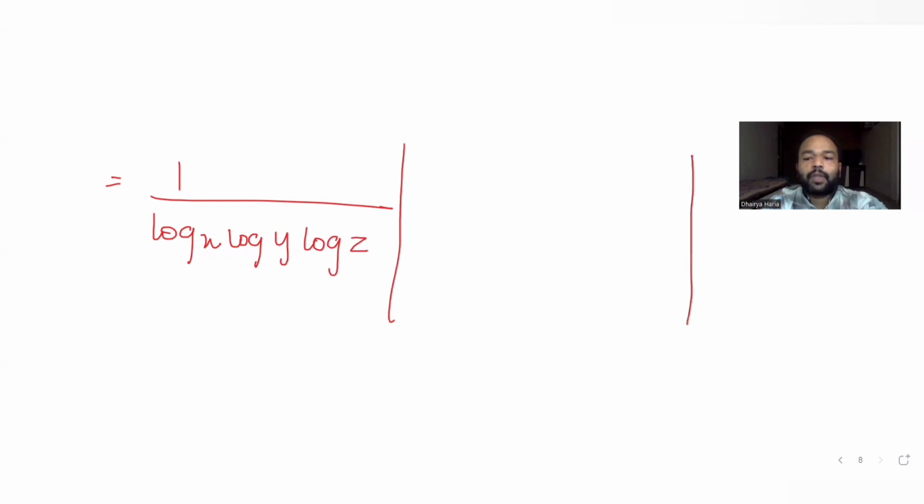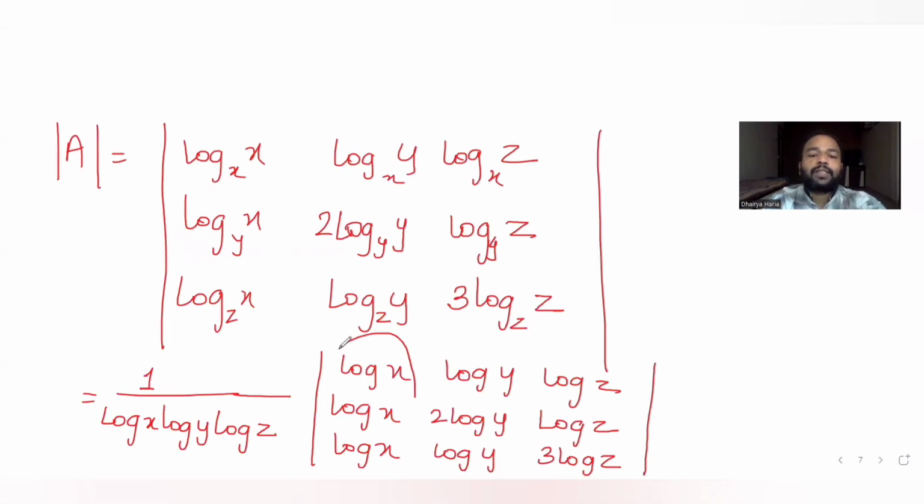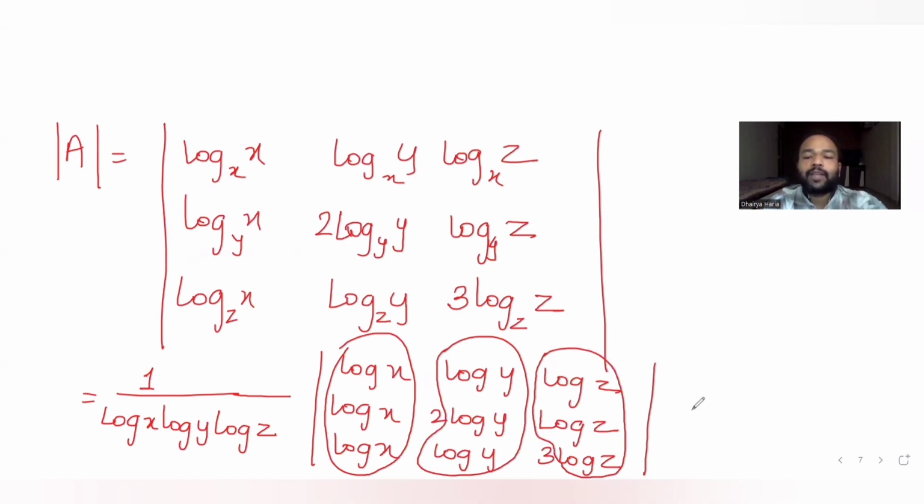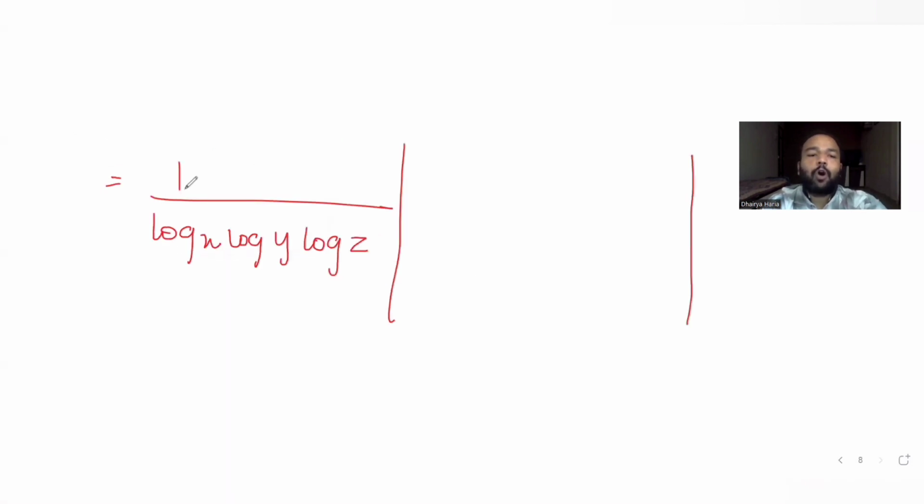Determinant. Here if I see log x can be taken out common from the first column. From the second column I can take out log y common, and from the third column I can take out log z common. So if I take those out common, I get log x, log y, log z common. So you are left with 1, 1, 1, 1, 2, 1, and 1, 1.